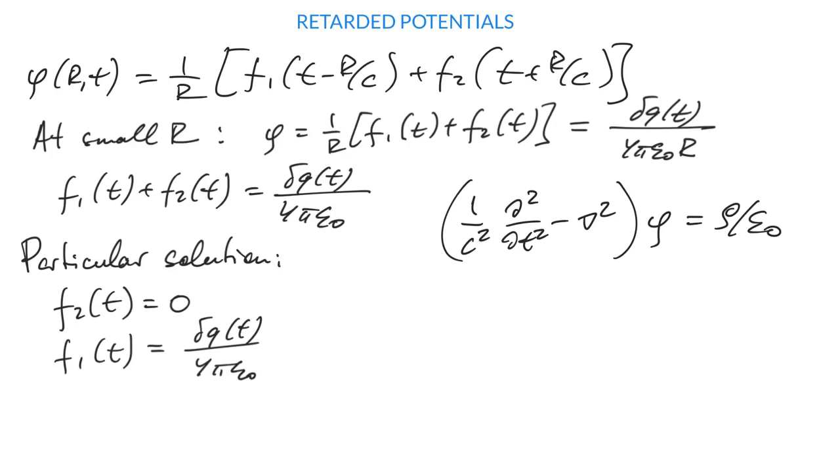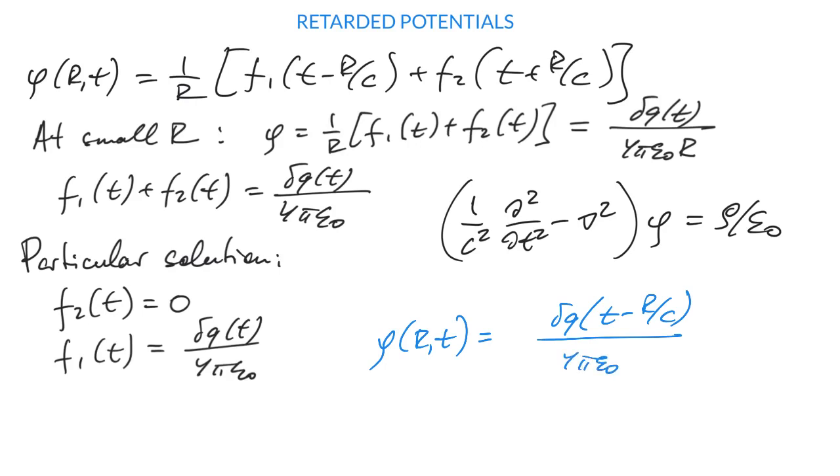Then the solution for the scalar potential φ of r and t becomes δq of t minus r over c divided by 4π ε0 r.